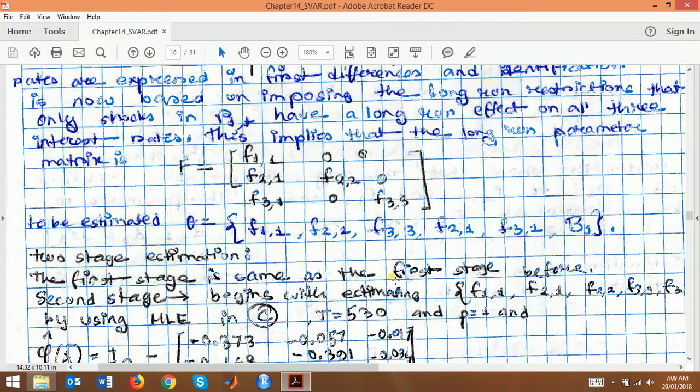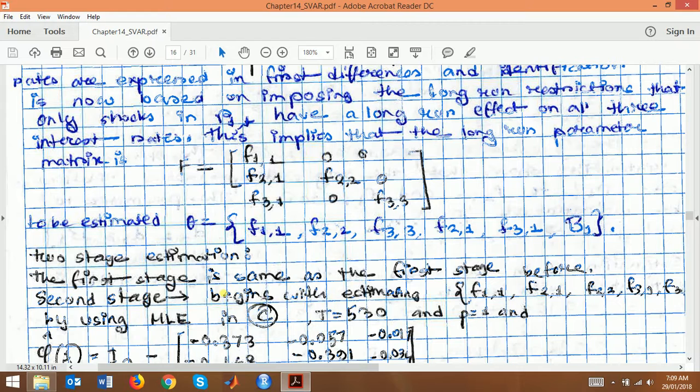So again, we do two-stage estimation, but the first stage is the same as before, where we specify the equations R1, R2 and R3, and the beta elements are estimated in the first stage with the VAR method.